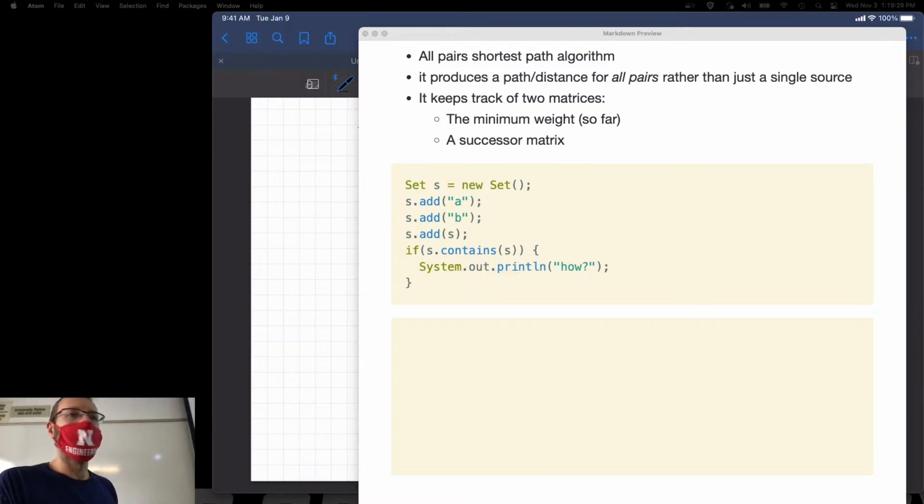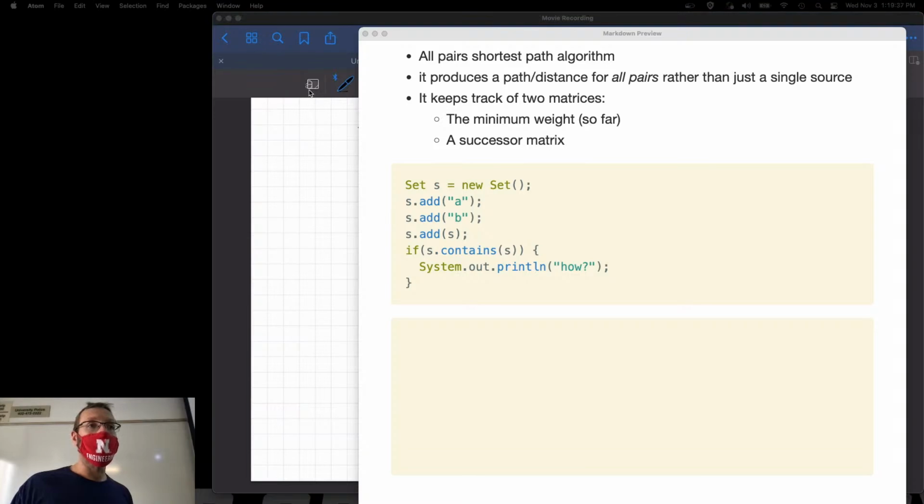So it allows me to create a set without a parameter. If you parameterize this for strings, then you could not add something that was not a string. So that's one of Java's solutions for this. If I parameterize this so that it was only strings, now this becomes a compile error.